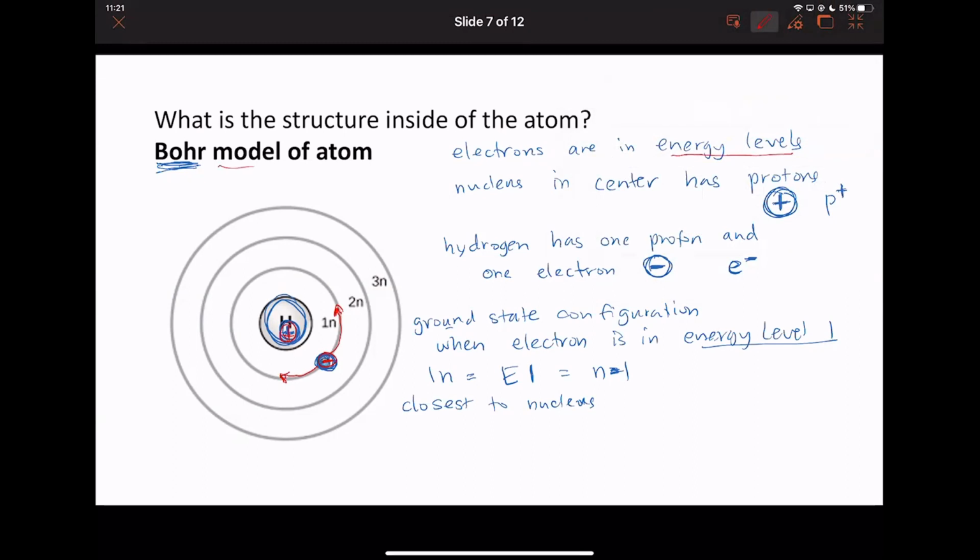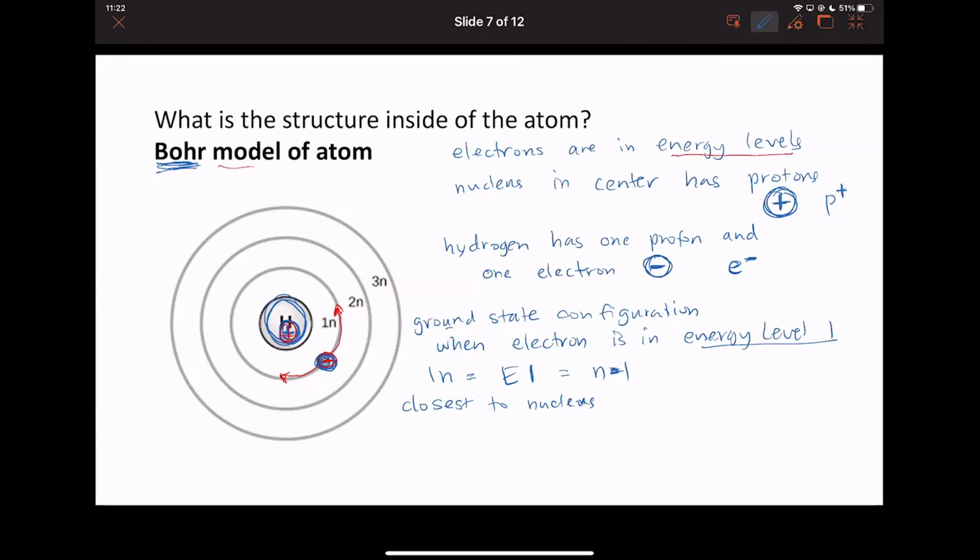Okay, and so this one, the electron is closest to the nucleus, on energy level 1. And this is the lowest energy level. So that's the structure inside. And when you have more electrons, you'll have more energy levels, and different elements have different interior structures, different numbers of energy levels, different numbers of electrons on those energy levels, because this is hydrogen with just 1 electron.